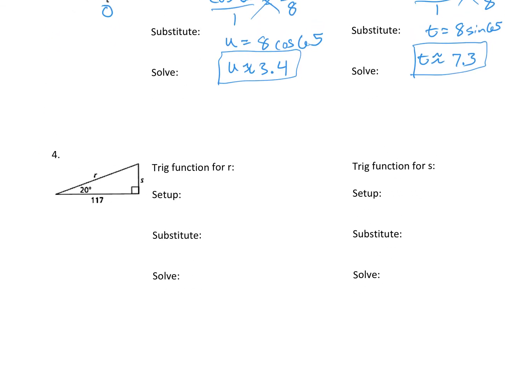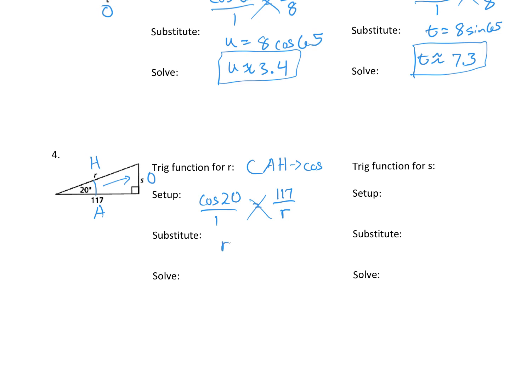Number 4. We have 20 degrees. I'm going to label opposite, this is adjacent, and this is hypotenuse. I want r. R is H. I don't know what H is, but I am given my A. So I need CAH, so cosine. So cosine of 20 degrees over 1 must equal adjacent, which is 117, divided by hypotenuse, which is r. So here I'm going to cross multiply.